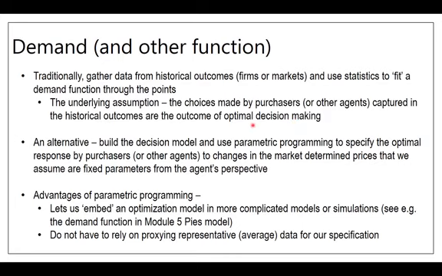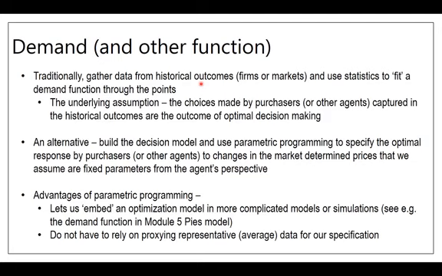Okay, so why are we doing this parametric programming thing? If the best choice is to go out and get historical data, well, it may not be the best choice. What if we have an isolated firm and we know quite a bit about the firm and about their access to some local market, but we don't have a long history of data, or we don't have the right period of data because things are about to change?